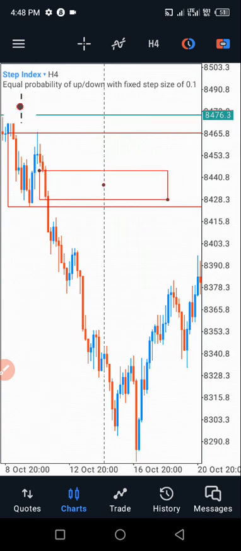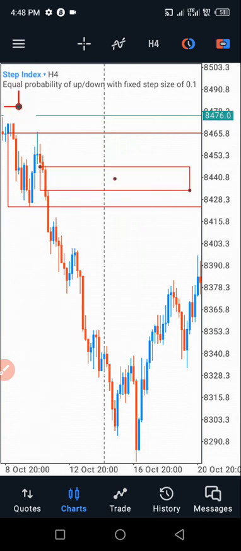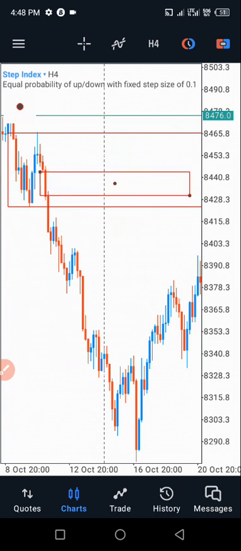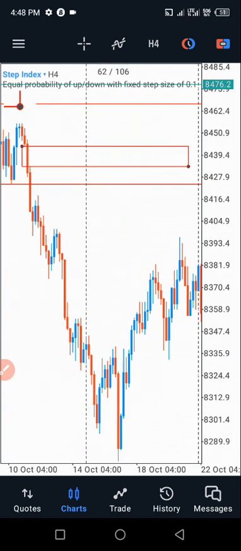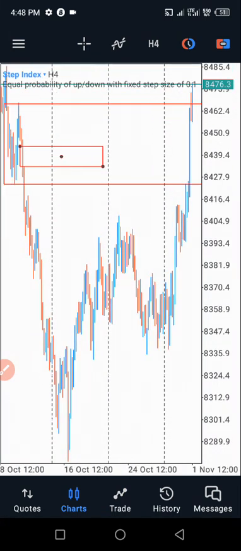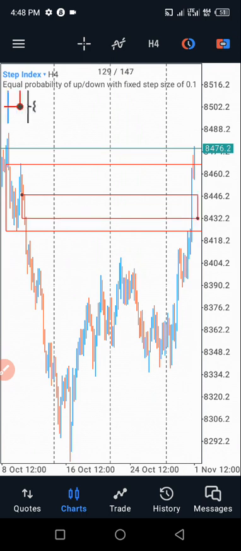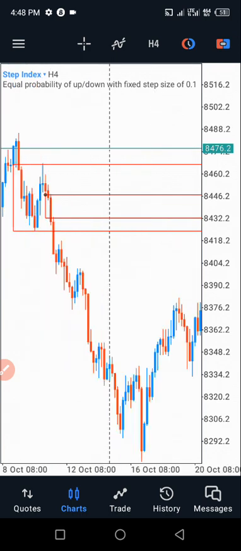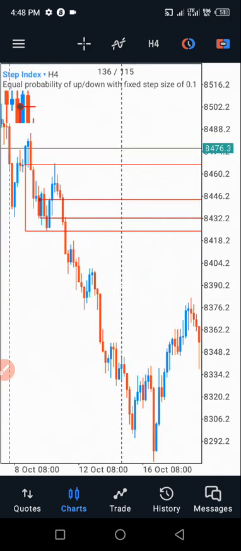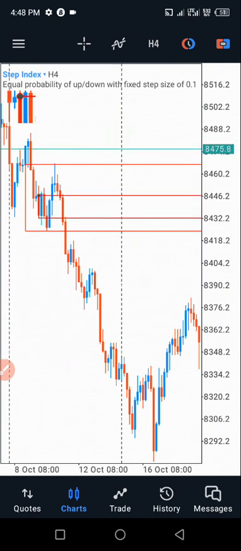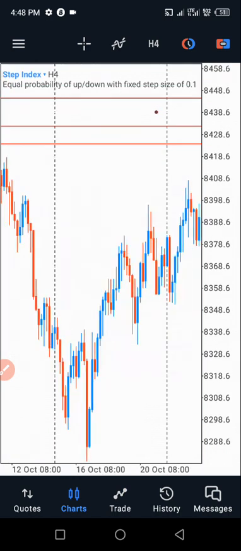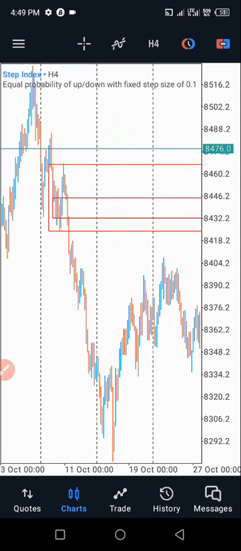So there was an imbalance here on the 4-hour time frame. So that was the imbalance on the 4-hour time frame, guys.